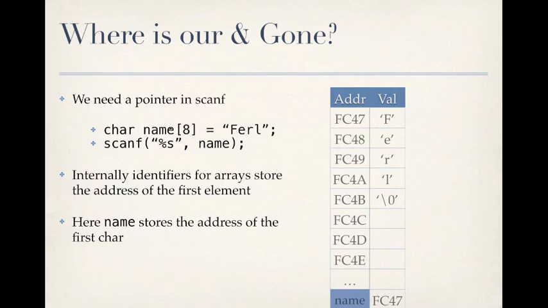This means if we have arrays, and not only arrays of characters but also arrays of integers or whatever other data type, as soon as we have an array, the identifier of the array is an address. And so this is the reason why we don't have to write down the ampersand here. Yeah?